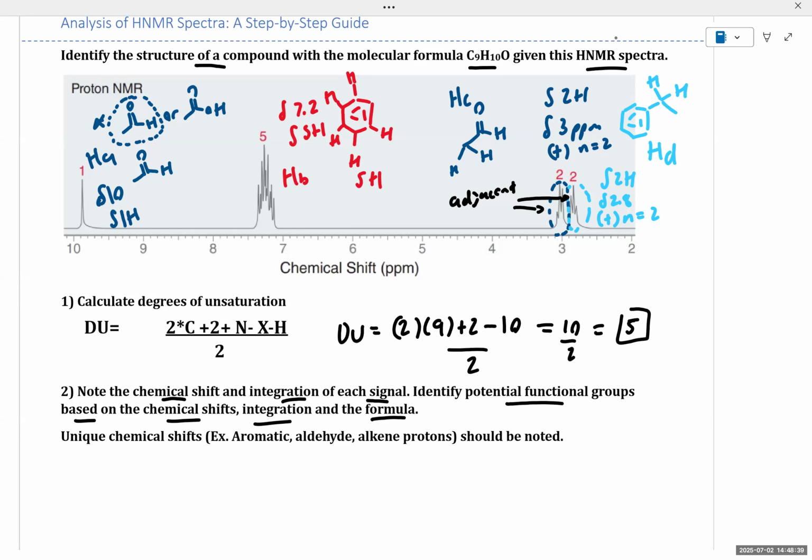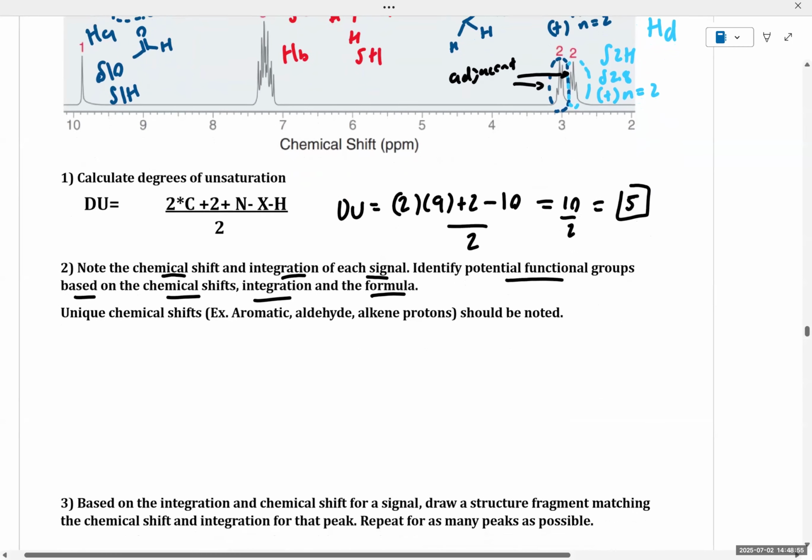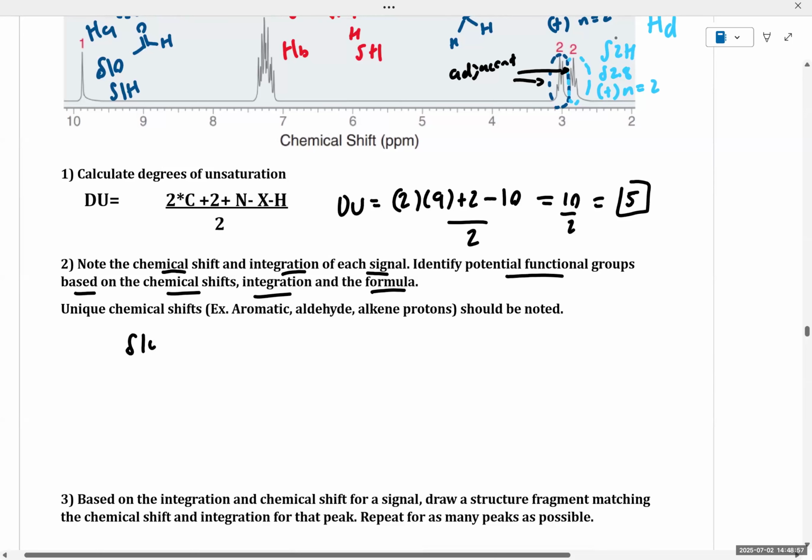Okay, so we've noted the chemical shift values, we've noted the integration and multiplicity, and we've drawn some reasonable fragments that would match the given chemical shift and integration. So again, in terms of noting unique chemical shifts, chemical shift of 10 with an integration of 1, that's likely an aldehyde.